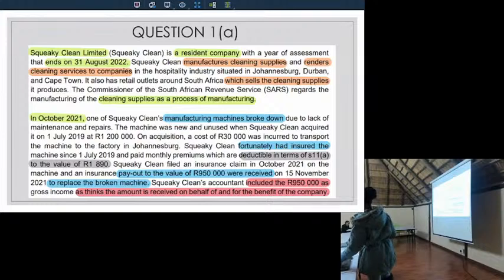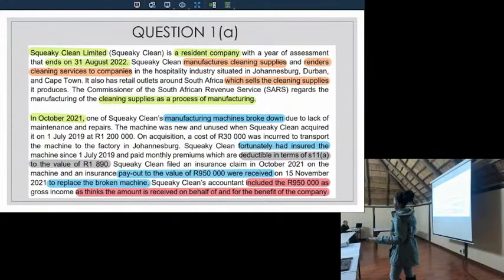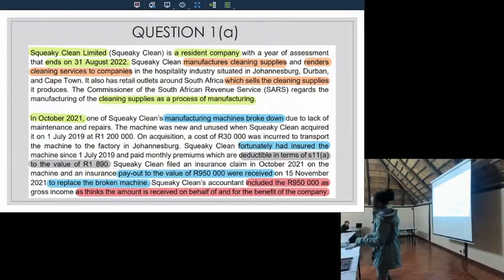So Squeaky Clean filed an insurance claim in October 2021 on the machine, and the insurance payout to the value of 950,000 was received on the 15th of November 2021 to replace the broken machine. An amount was received, right? That's a trigger for gross income. If an amount has been taken out of the company, you would think about deductions.